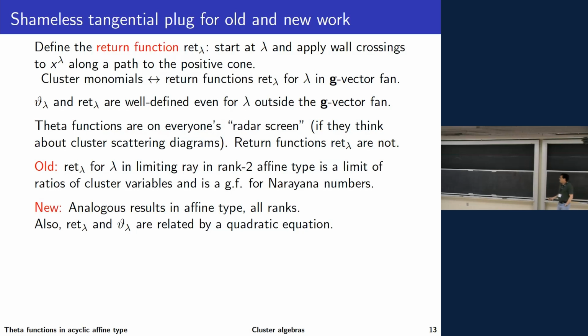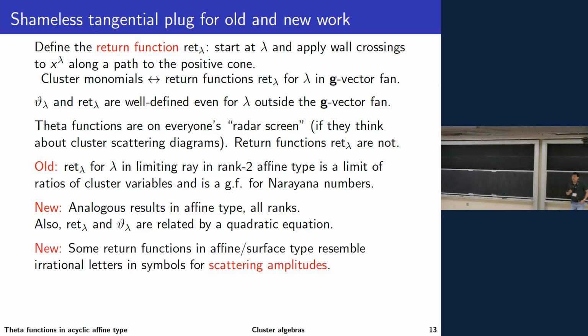But new is that there are analogous results in affine type, any rank of affine type, so not just rank 2. In general, including in rank 2, but I don't think I thought much about it. In general, the return function and the theta function are related by a quadratic equation.